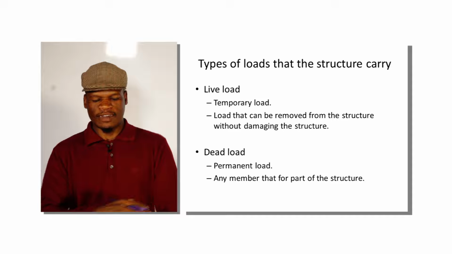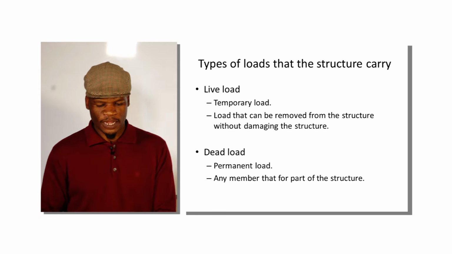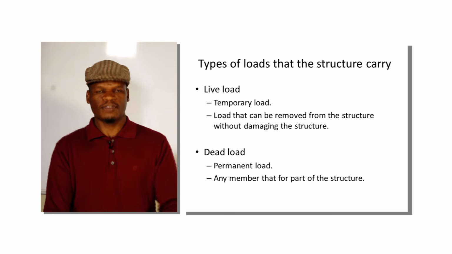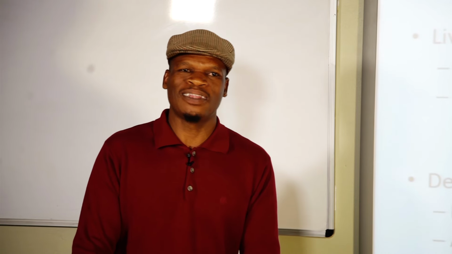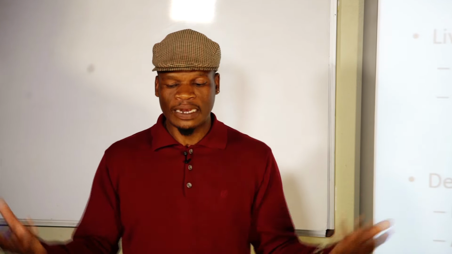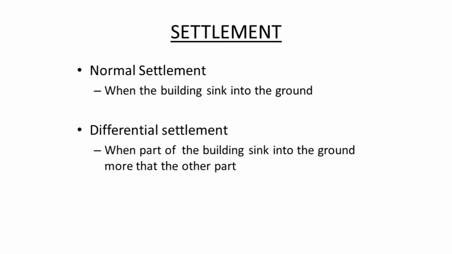If I take this arm out, the whole structure is going to be affected. So you've got the live load and the dead load. The dead load in the structure is the material being used to build the structure, the roof itself. All those materials cannot be taken out of the structure because it's going to affect its stability.